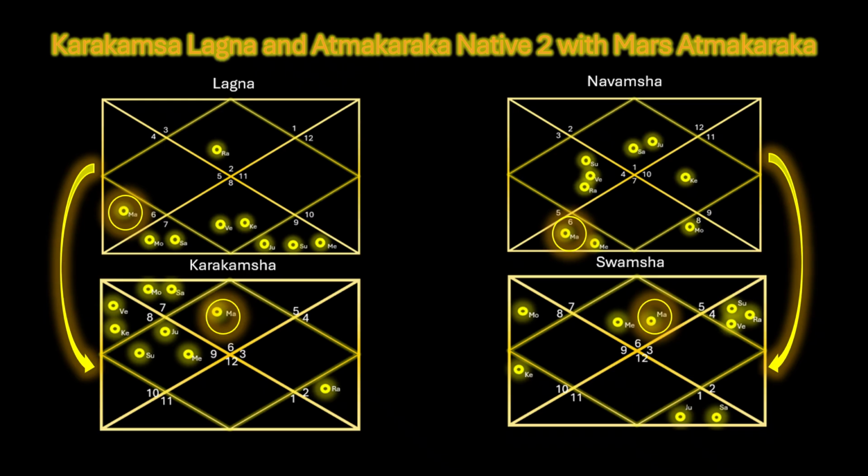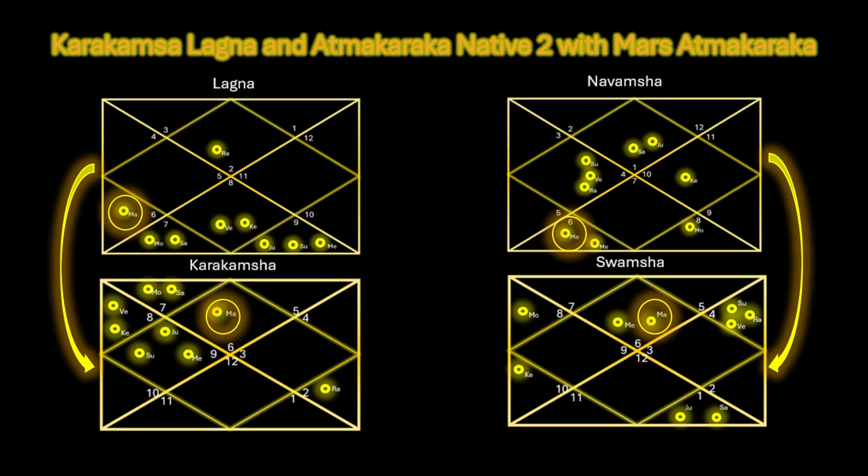This means the Karakamsa and the Swamsa chart are both Virgo risings. Again, the remaining planets, like in this chart, Moon is in Libra, Saturn is in Libra. So in the Karakamsha chart also, Moon will be in Libra, Saturn will be in Libra.